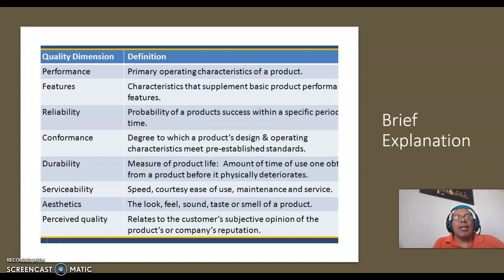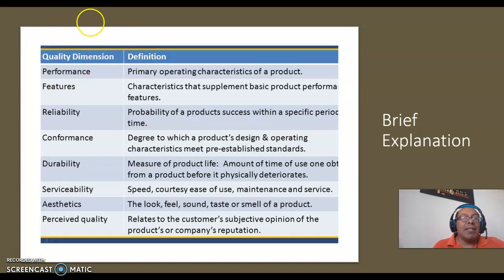Features. Those are characteristics that supplement basic product performance. In this case, it can be the colors, the type of leather, the logos printed on it, and some other marks that make it, for instance, distinguish the original from the generic replicas.